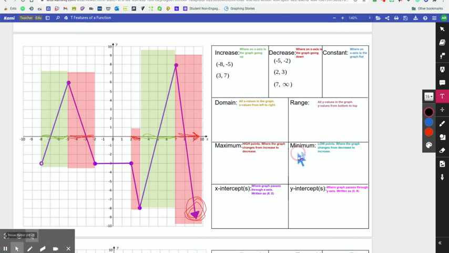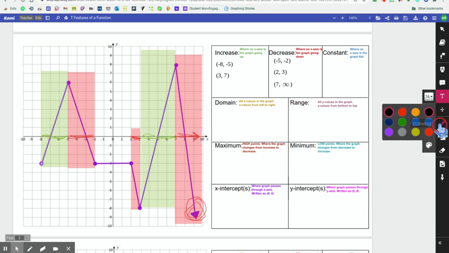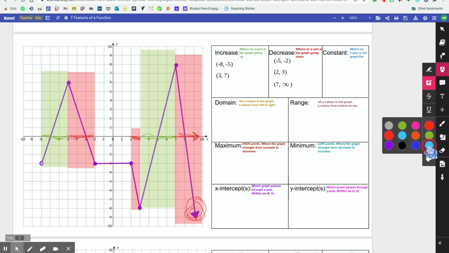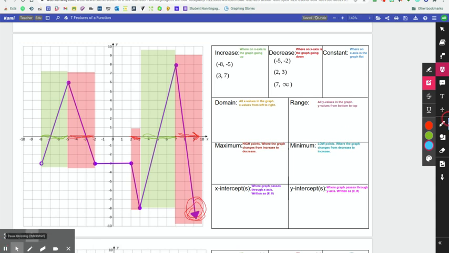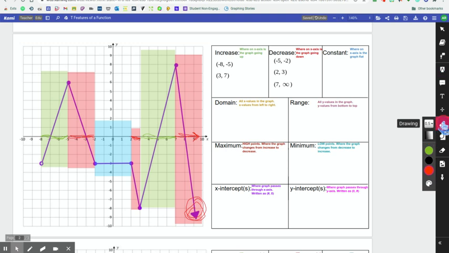Okay. Now we're going to talk about a constant. This is where the graph is flat. We only have one section that is flat, and I'm just going to highlight it because, well, it's the only piece that's left. How do you get the sign? Which sign? Okay, so our only flat section is the only section that's left, and that's this guy. So when I look, again, it's about our x-axis, right?